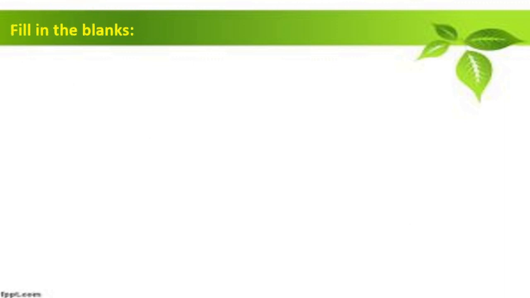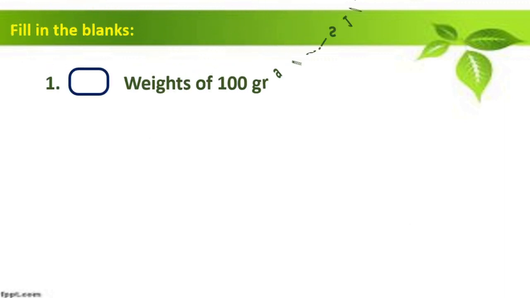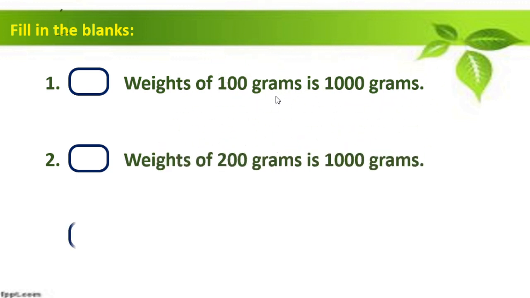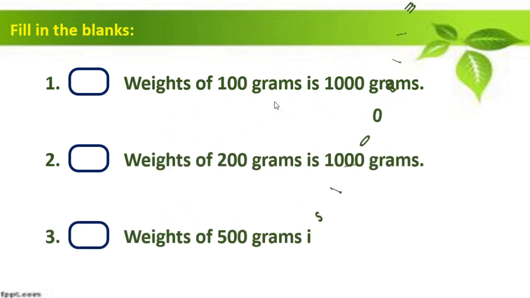Fill in the blanks. Very easy. Dash weights of 100 grams is 1000 grams. Yes, we have a 100 gram stone and we need 1000 grams of that material. Then how many times do you have to measure 100 grams? That you have to tell. Okay, like that we have 3 sums.